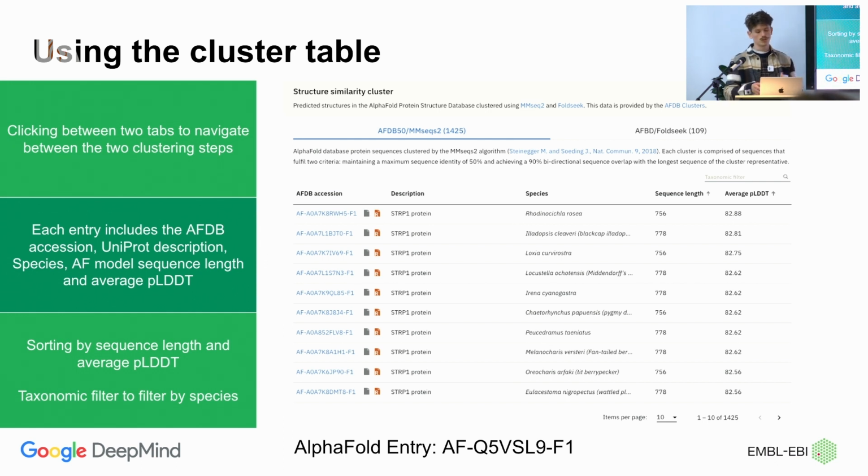In terms of functionality, you can sort the members of this cluster by sequence length or by average PLDDT. Additionally, if you want to filter by species, you can use the taxonomic filter on the top right to filter your table so you're looking at proteins only in a specific organism.